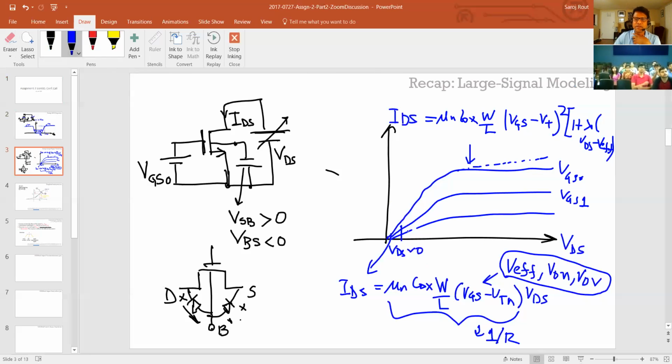And I think somebody asked me last time how is this linear when this term is nonlinear? So yes, if you draw the resistance versus VGS or V effective, then yeah, this is a nonlinear term.